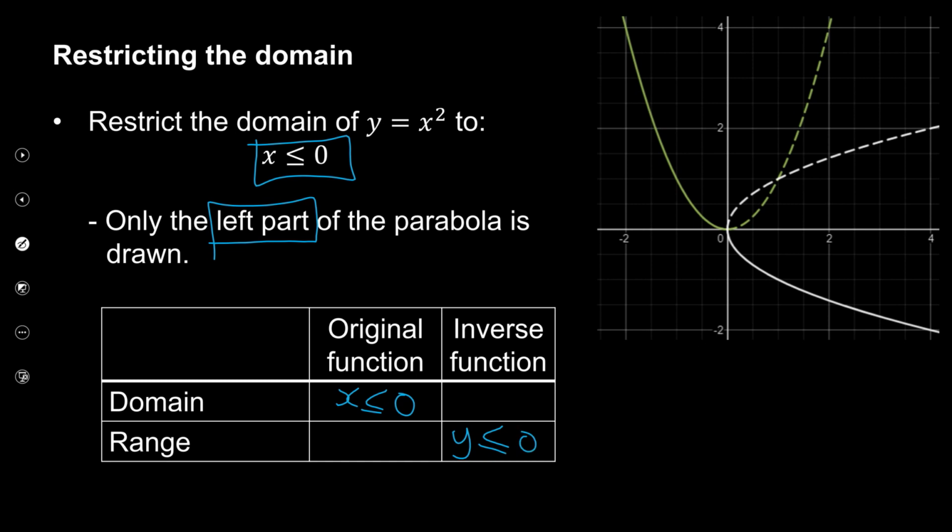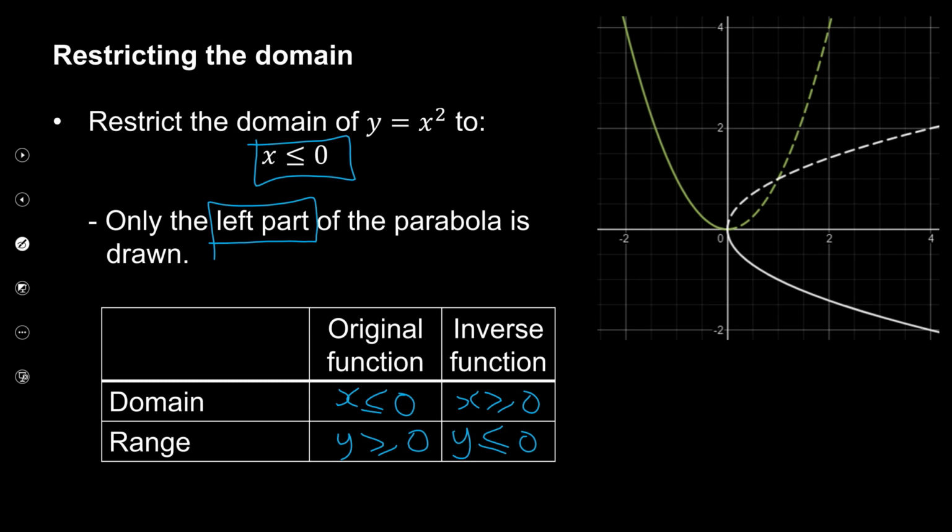And then the range for the original will be y is greater or equal to 0, and therefore it simply means that our x will have to be greater or equal to 0 for the inverse function.